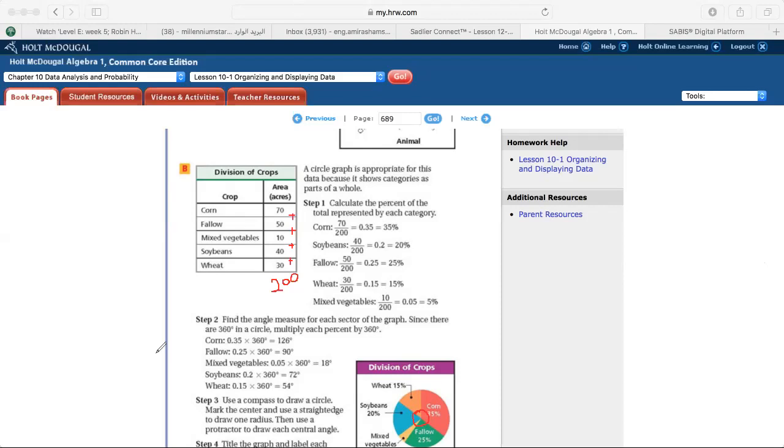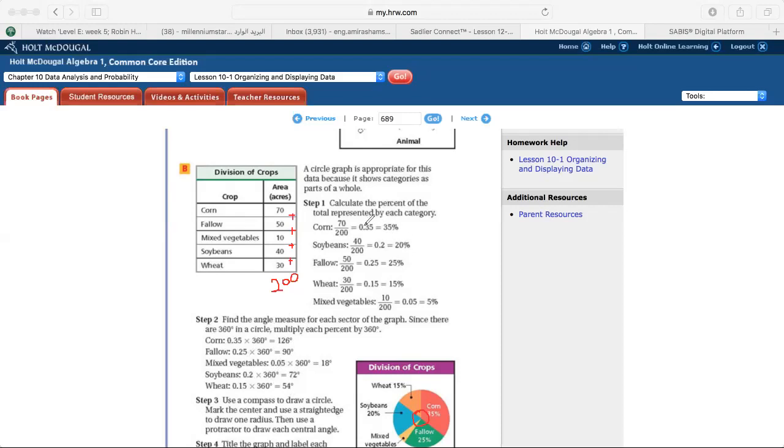Fallow is 0.25 multiplied by 360, so I got 90. Then 0.05 multiplied by 360, I got 18. 0.2 multiplied by 360, so I got 72. 0.15 multiplied by 360, I got 54 degrees. Okay, girls, this step 2 is the most important step.